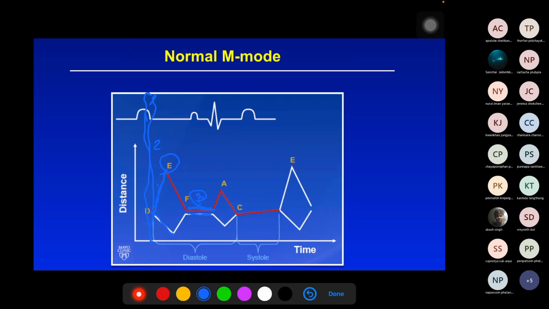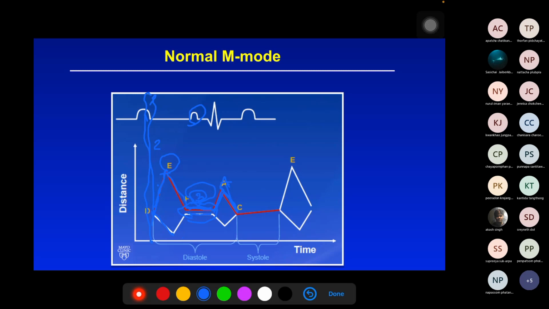When the pressure is quite equal, the mitral valve is closing, but not completely, like this one. In this phase, called diastasis, there is a slight flow. Then you see the P wave, which means the atrial kick or atrial contraction. It starts the last phase of diastole, called the atrial contraction, or A wave.